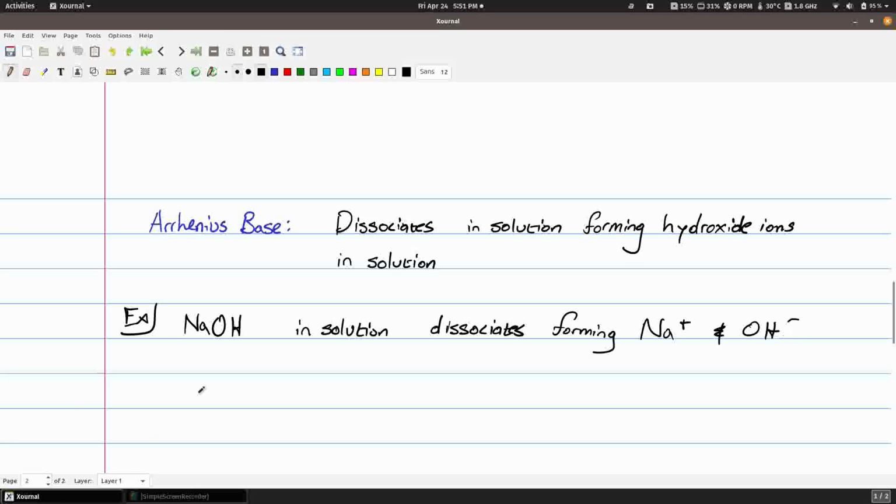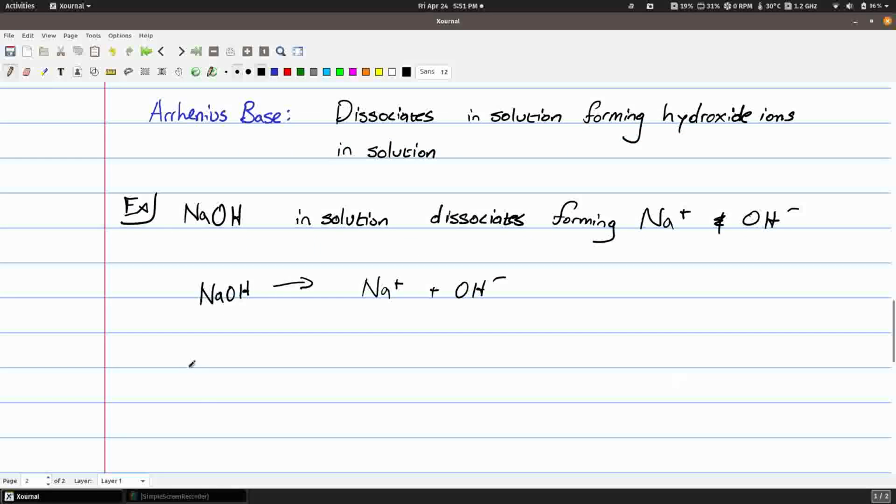So this would be how you write it, NaOH, and then over here would be Na plus and OH negative.